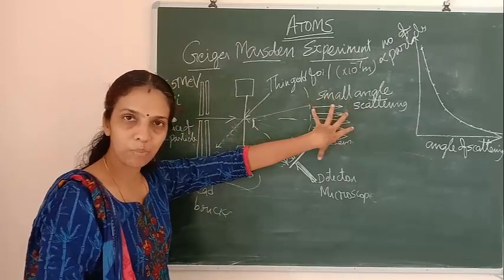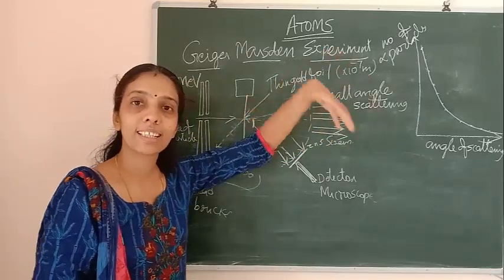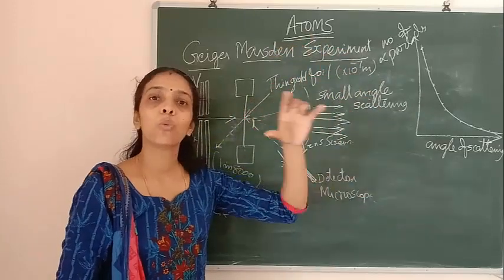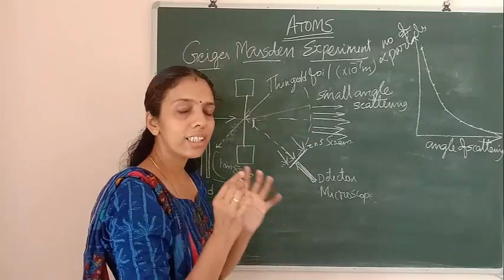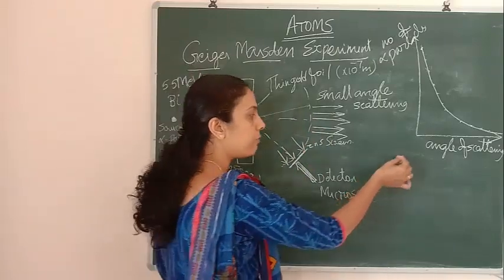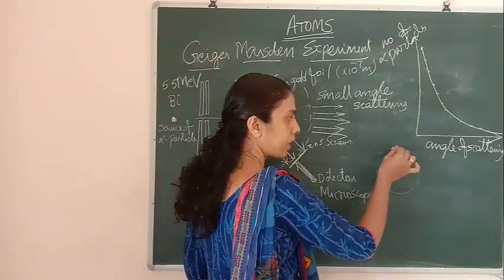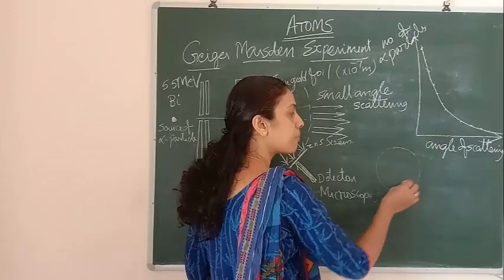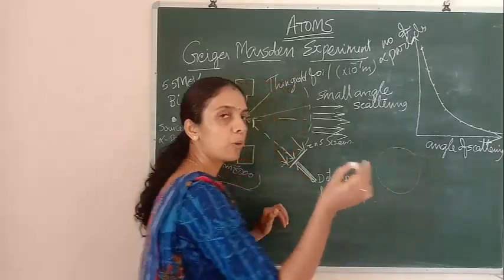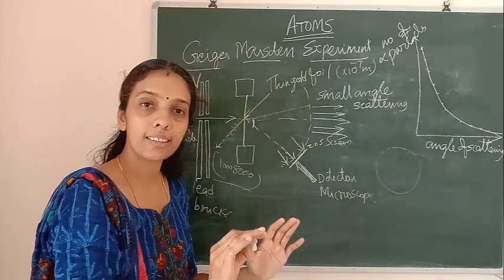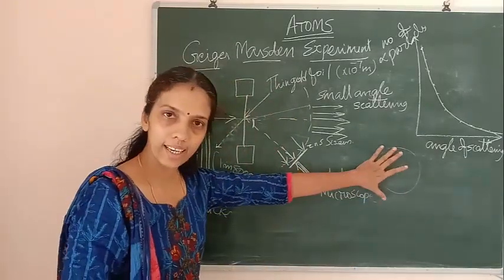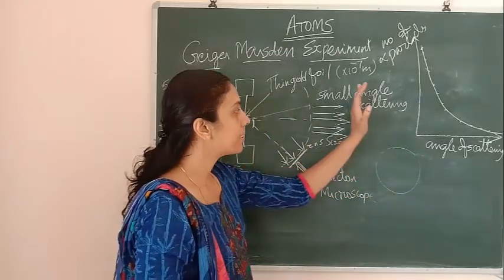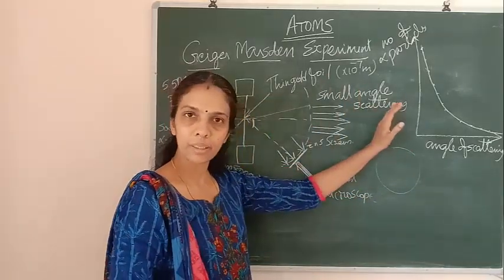So what was his conclusion? He concluded that if we consider an atom, most of the mass is distributed at the center. While alpha particles are incident there, they are getting scattered and coming out.